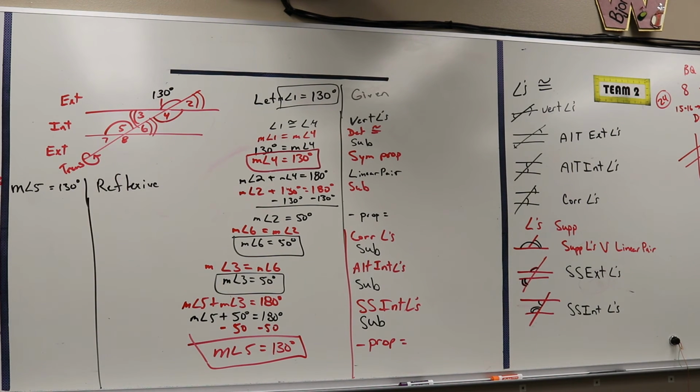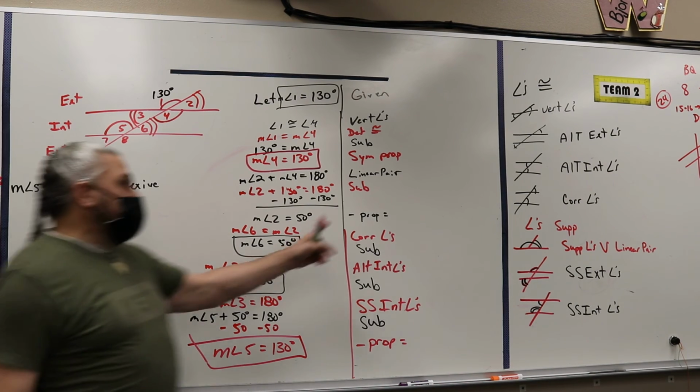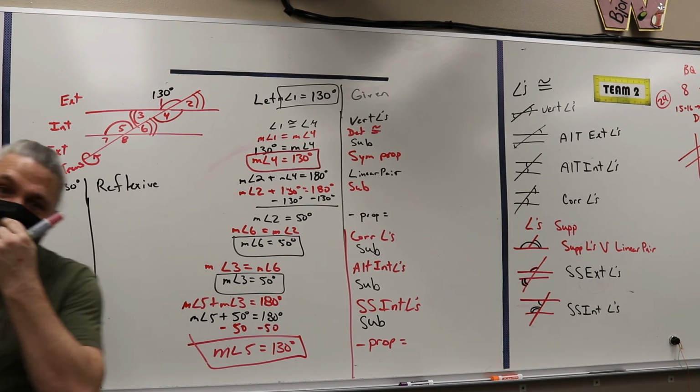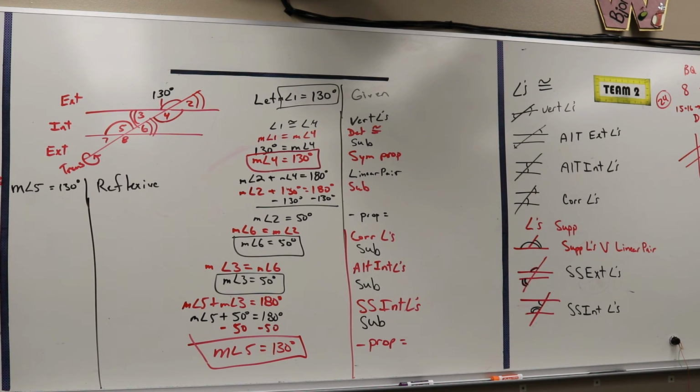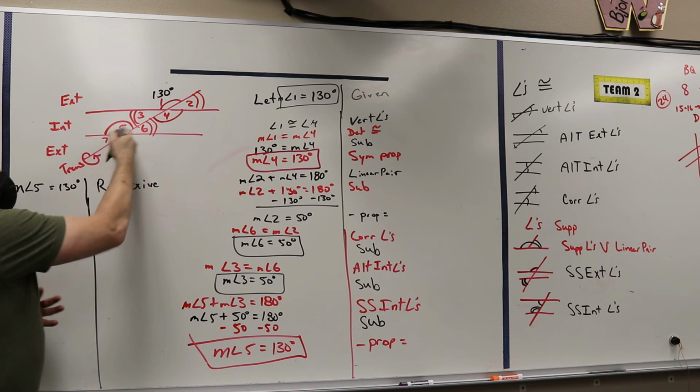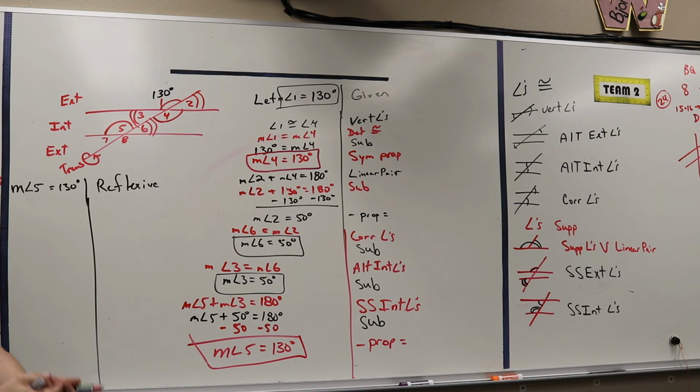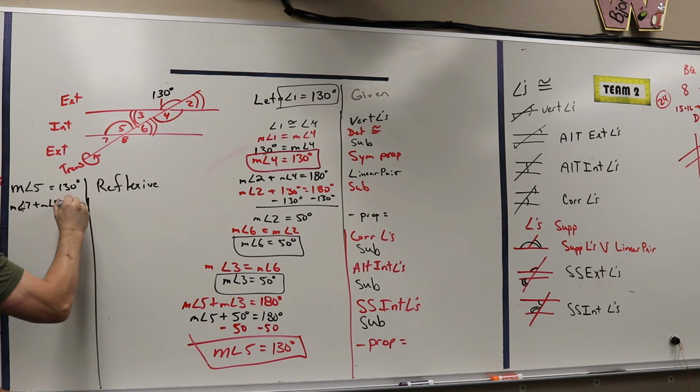Now, technically, have we used supplementary angles yet? No, we used linear pair. So technically, we could use these two and say 5 plus 7 is 180 degrees. So the measure of angle 7, because we want the one that we're finding on the outside, plus the measure of angle 5 is equal to 180.